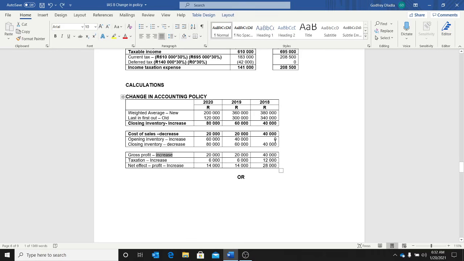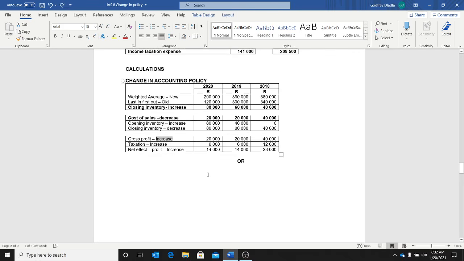You say 40 down, 40 up, 20 down, 20 down. You put arrows going down, up, so that you can do it in a calculation. But you can't do it in disclosure. In disclosure, you must write the words in full, increase, decrease, and you must show us how they are moving, whether increasing or decreasing.